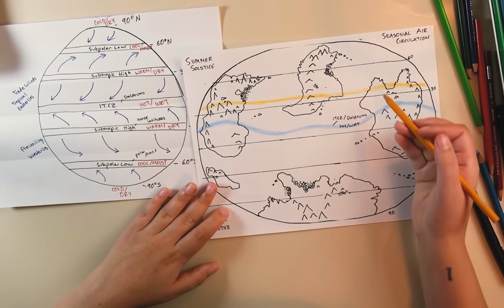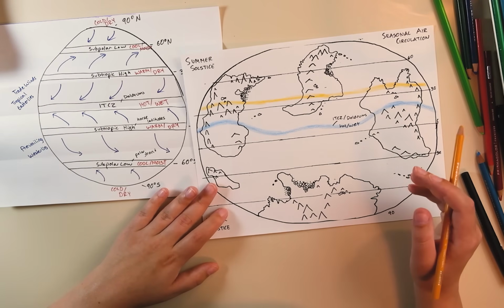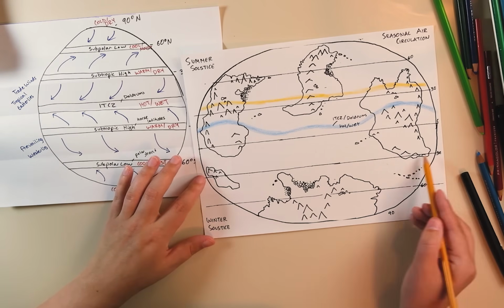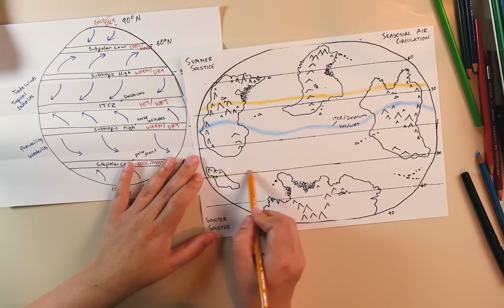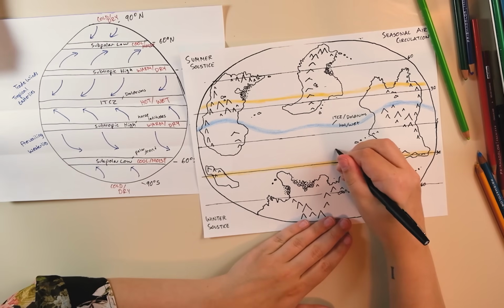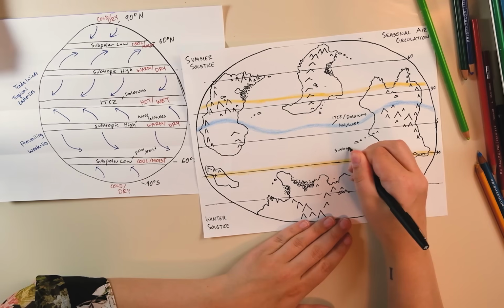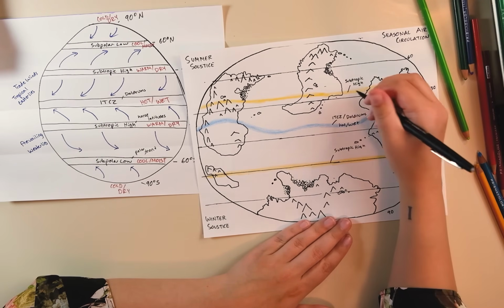Okay? And then in the southern hemisphere, where it is winter, they will be a little bit further from the pole, so right at 30 degrees. And we'll just do a quick little band across. This is going to be your subtropic high, and this is going to be warm and dry.